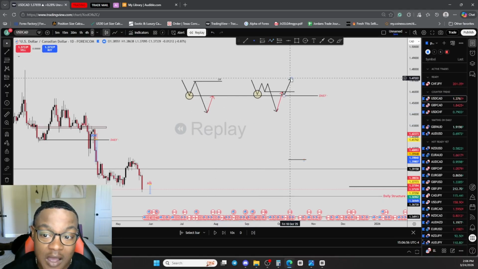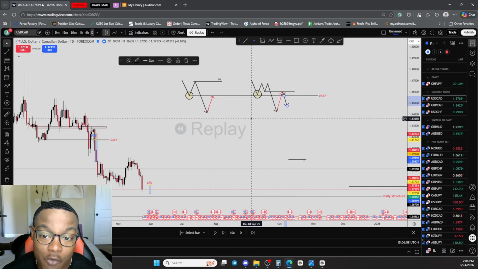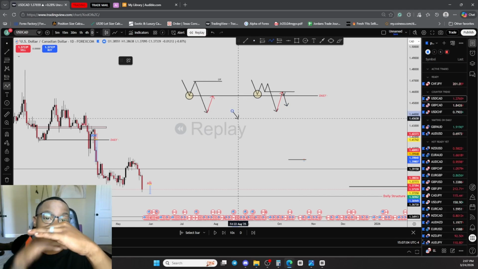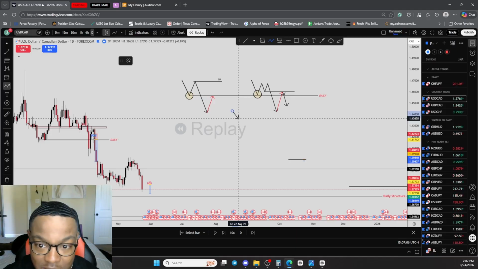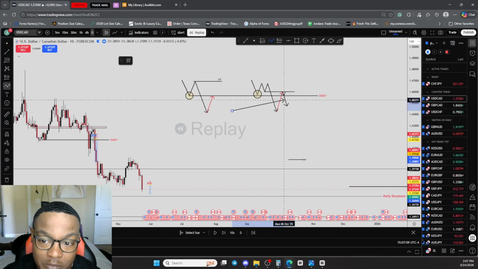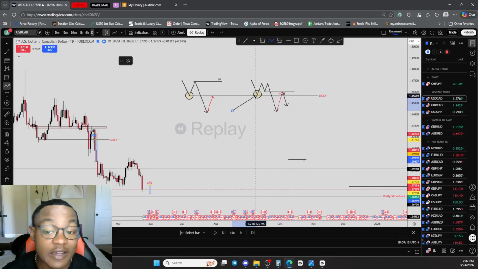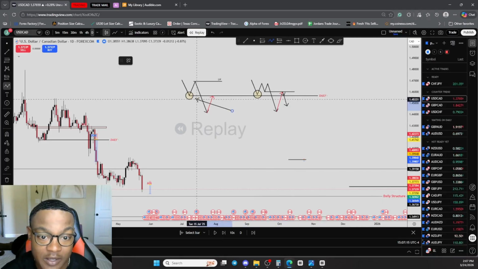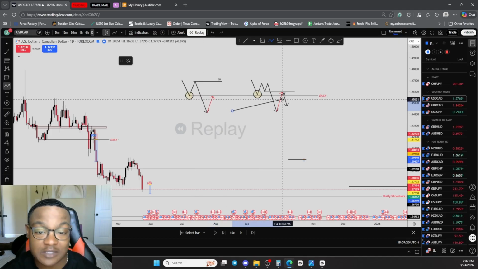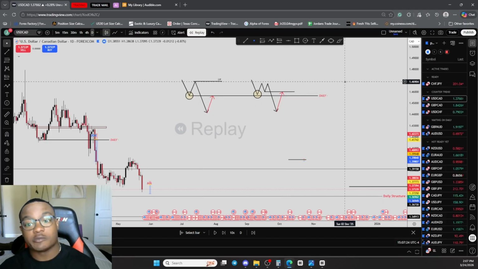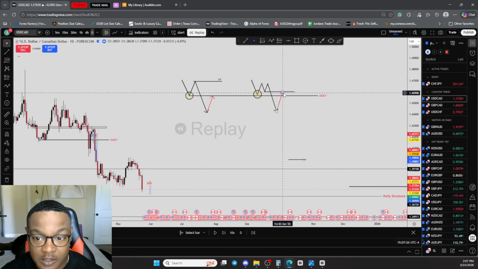I want to see price get below, because now we break through that floor to where we can come back, treat it as resistance, and then continue towards that downside. The moment price gets back below this daily structure point, we also see it get back below an area where it was treated as support, giving us an added confluence of price continuing in our direction. So this is why you want to be below that daily structure zone.